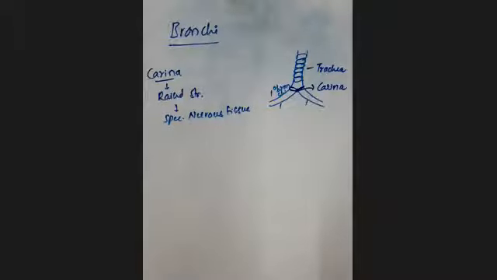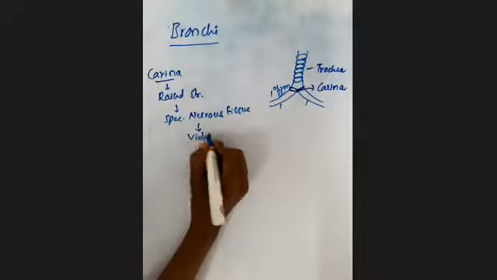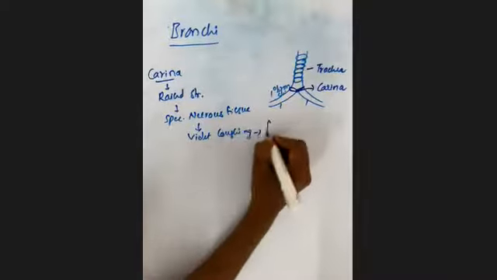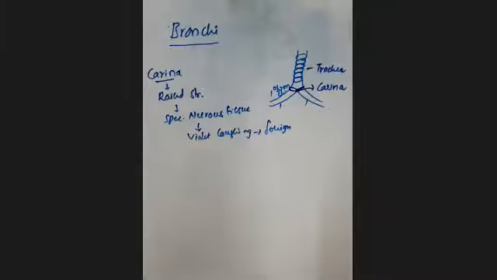What is the importance of this nervous tissue? It induces violent coughing. Whenever any foreign material or particle enters our body through the trachea, immediately the carina induces violent coughing.